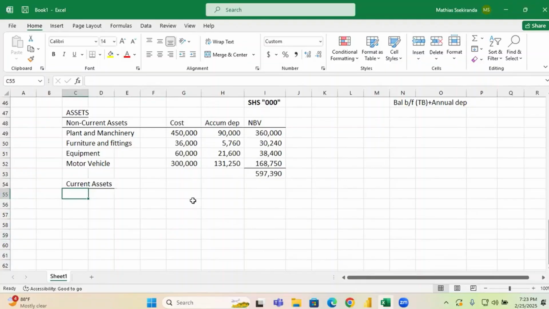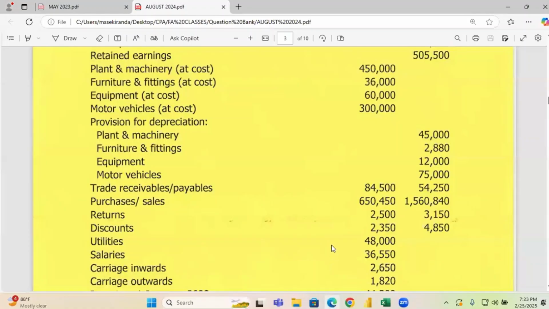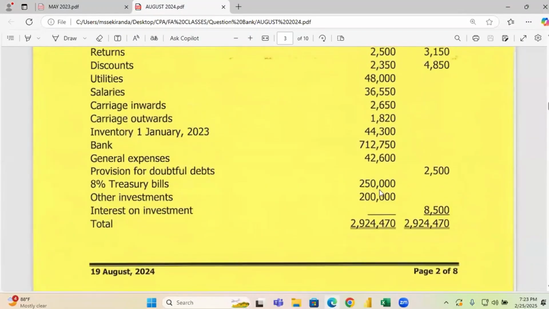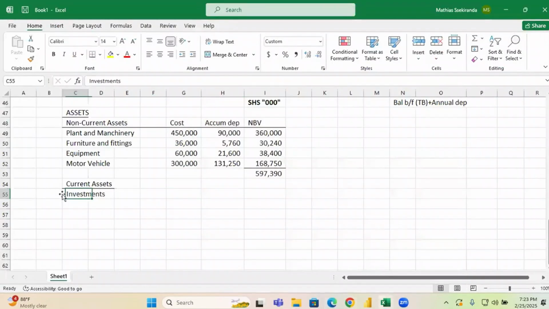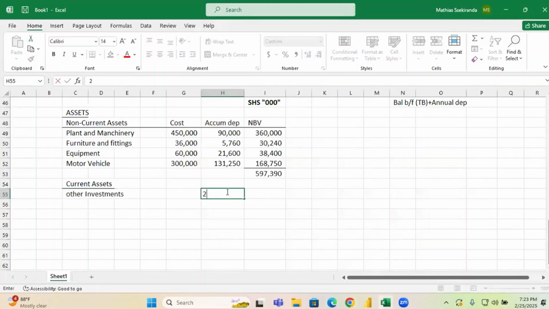So under here we have investments. These investments were given in the trial balance. I saw them as 250. Investments, other investments as 200. The examiner called them other investments, 200,000.